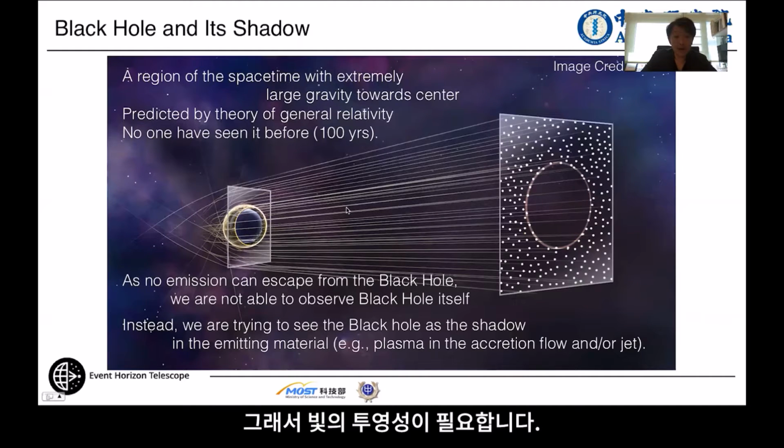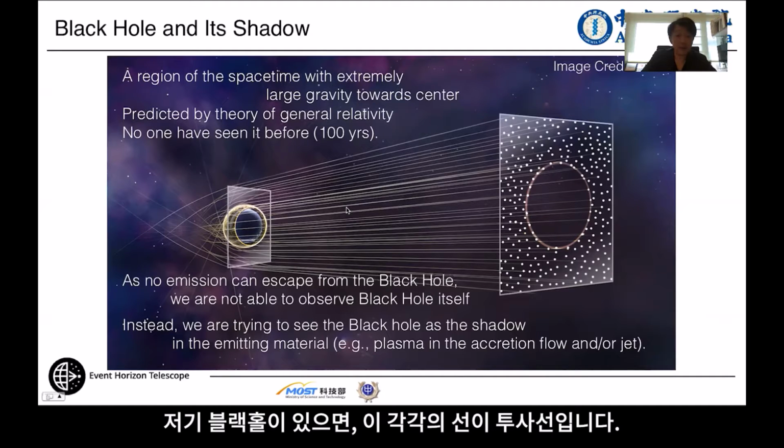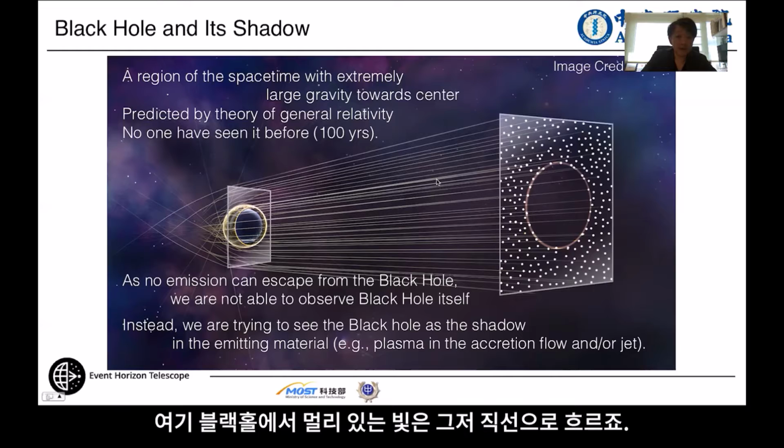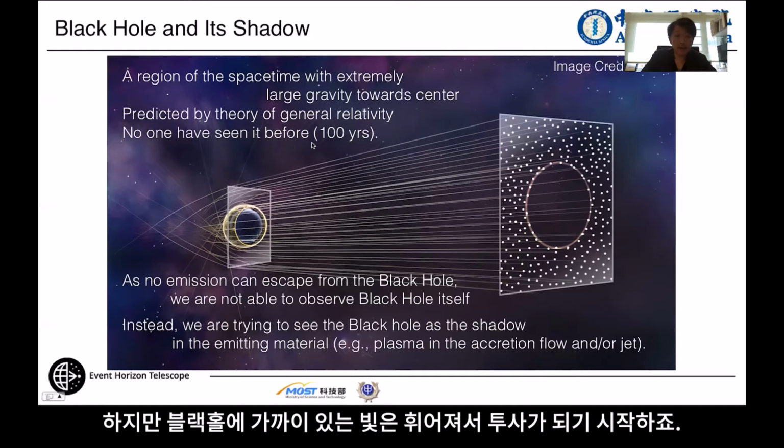This panel shows the trajectories of light traveling across the black hole. The black hole is here, and each line corresponds to a trajectory. If light travels very far from the black hole, light just goes straight. But if light travels close to the black hole, its trajectory starts to bend.